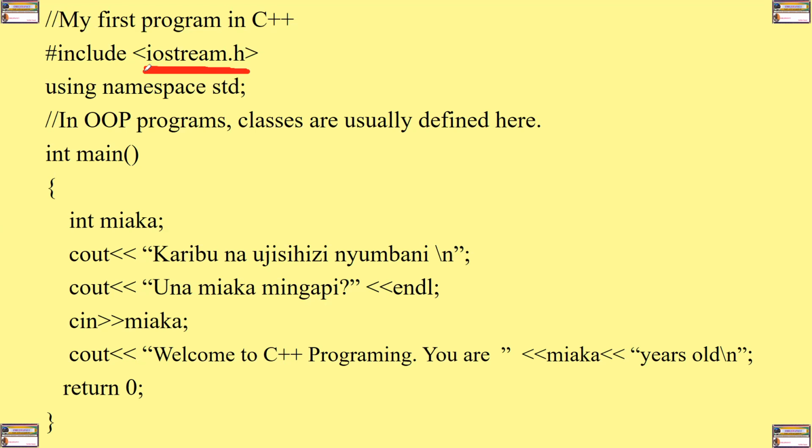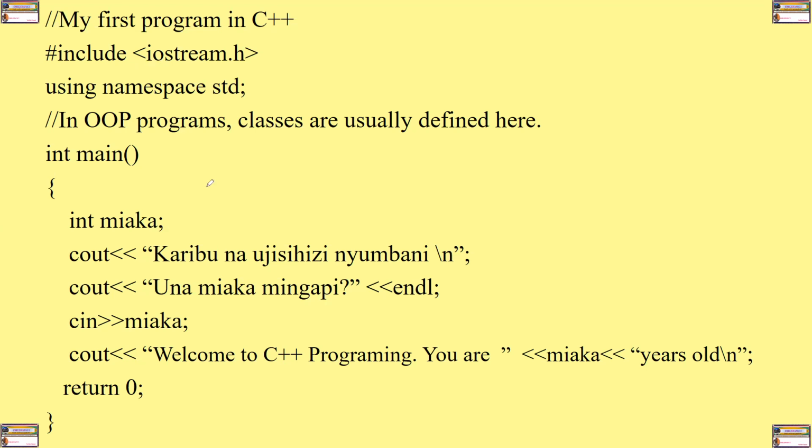For example, iostream is a header file that has definitions for input functions and output functions.